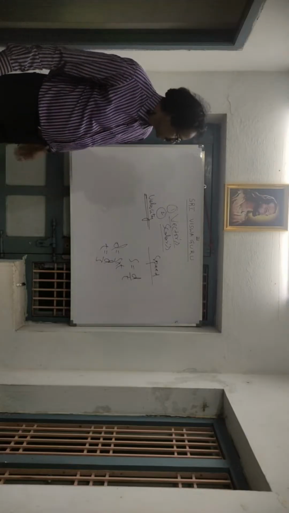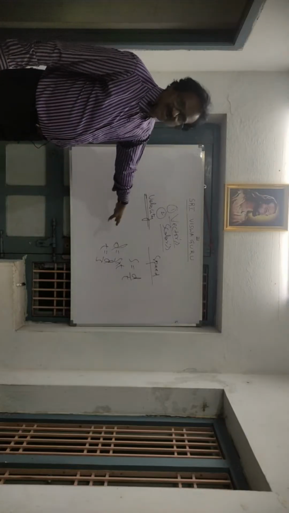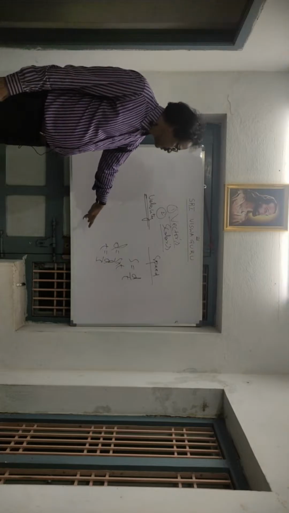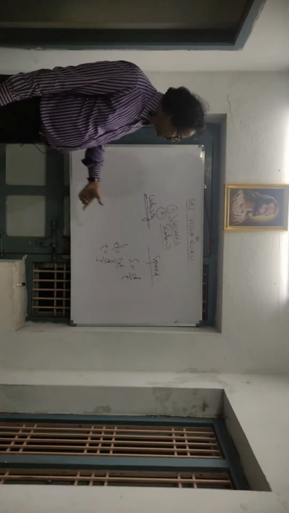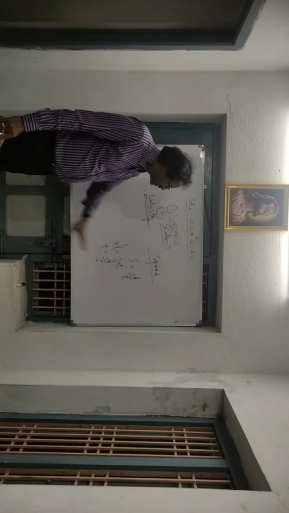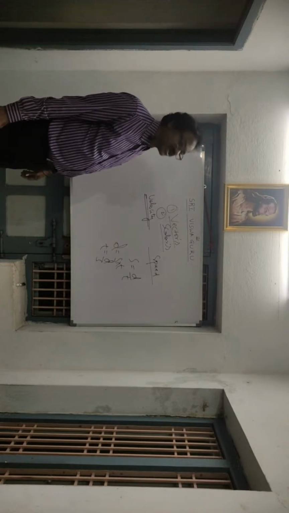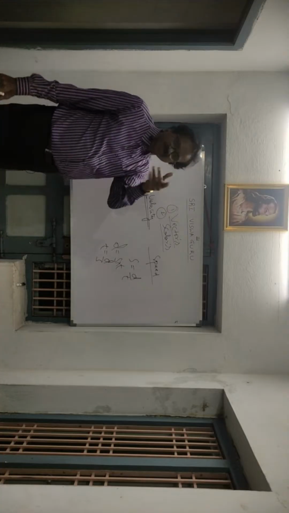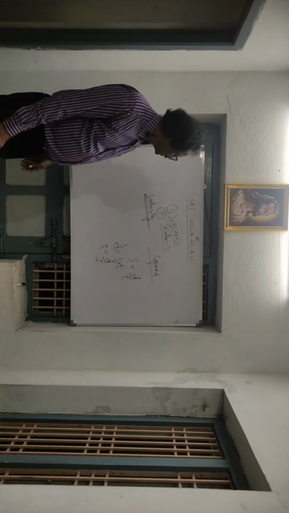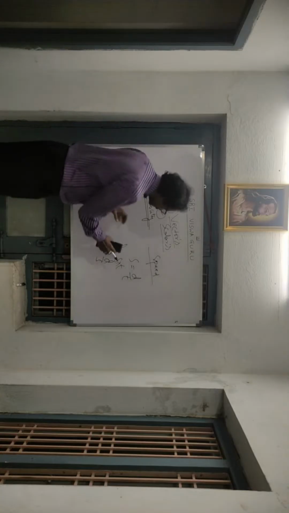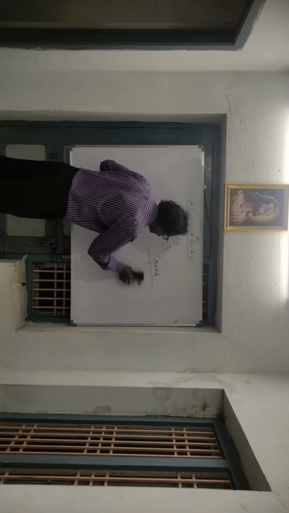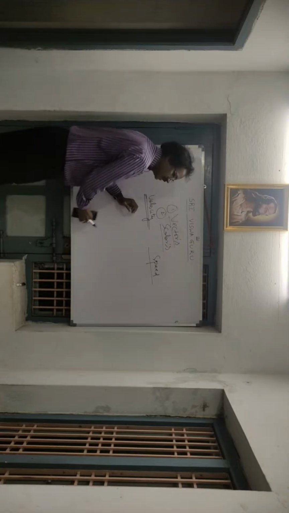Arithmetic chapters like time and distance, and time and work, depend upon these formulas. Speed is equal to distance by time, distance is equal to speed into time, time is equal to distance by speed. So what is the speed?